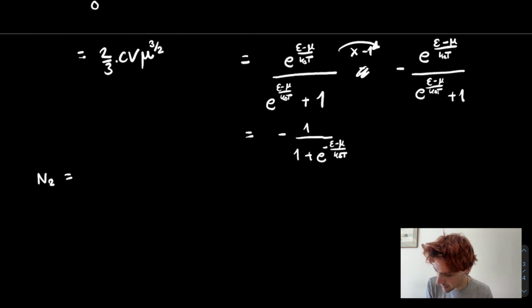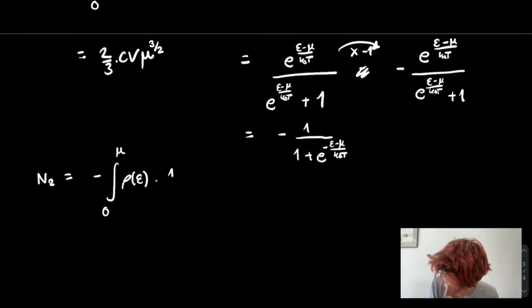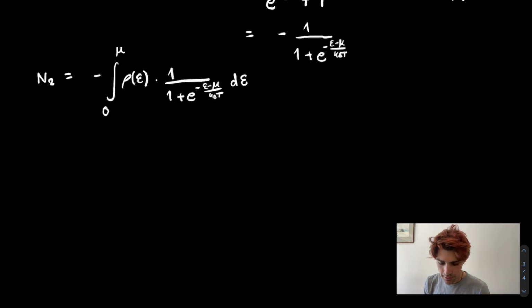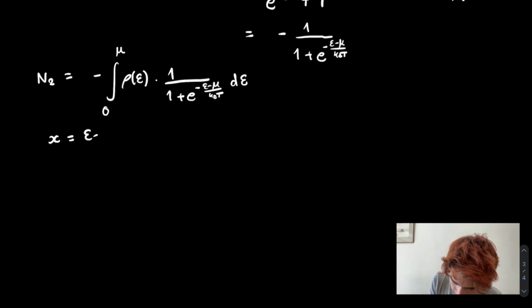The integral, just this term right here, N2, we can now express instead of the way it was previously written. This is now minus the integral between 0 and mu, rho of epsilon, times 1 over 1 plus e to the minus (epsilon minus mu) over kBT. So I'm now going to rescale this integral by making the substitution x equals (epsilon minus mu) over kBT.